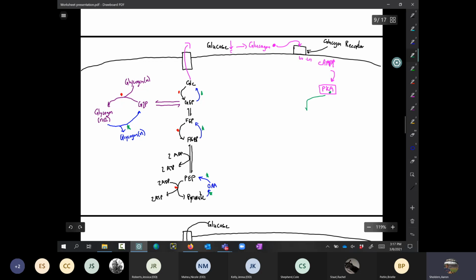It's going to take that bifunctional enzyme PFK2, FBPase2, and phosphorylate it on the kinase domain.